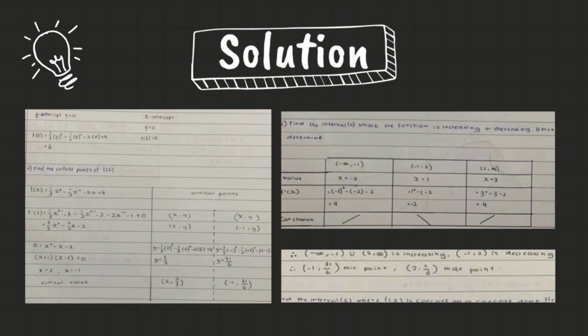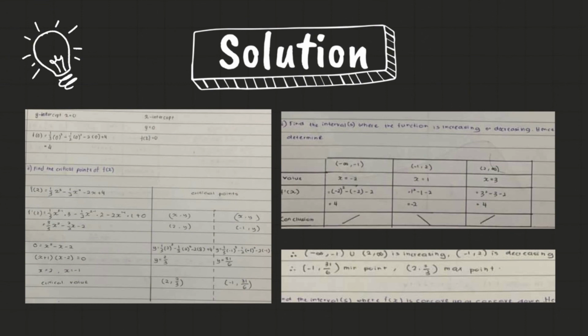Replace the x value with negative 1, so our equation becomes y equals 1 over 3 multiplied by negative 1 to the power of 3 minus 1 over 2 multiplied by negative 1 to the power of 2 minus 2 multiplied by negative 1 plus 4. y equals 31 over 6. So our critical points are (2, 2 over 3) and (negative 1, 31 over 6).